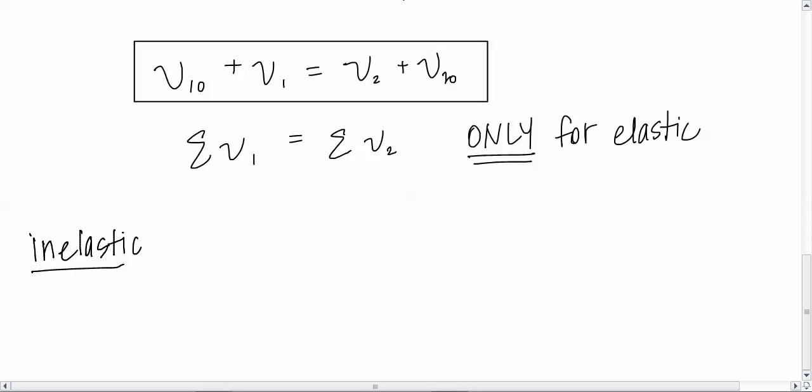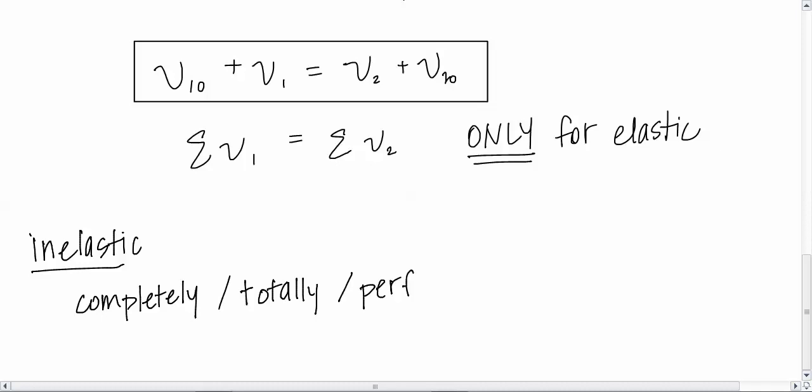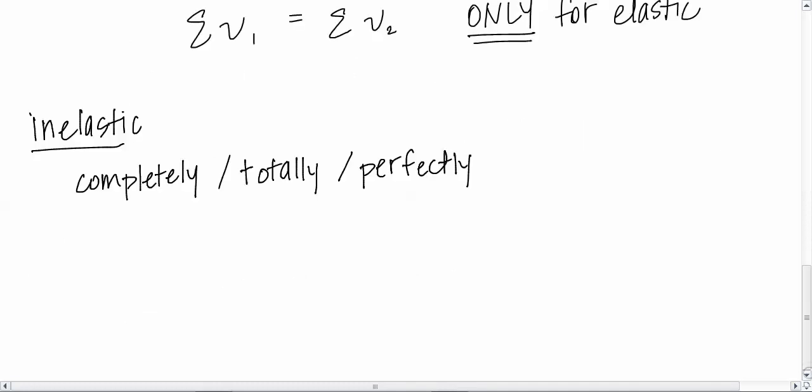And so one of the most popular inelastic collisions is called the completely, or totally, sometimes even perfectly inelastic collision. So this is when they stick together.